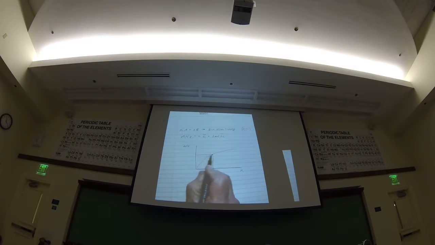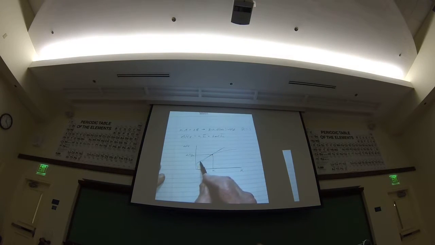This is delta H S at N1. So we can measure it, but what we really want to know is the slope of this line, the tangent.